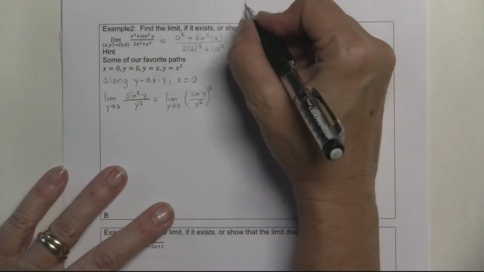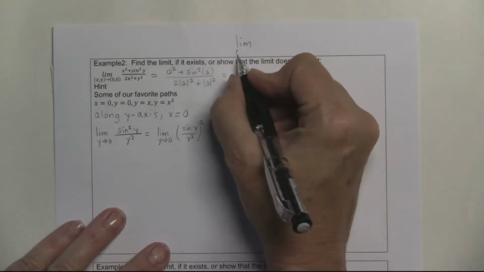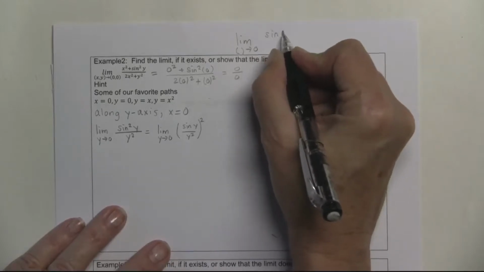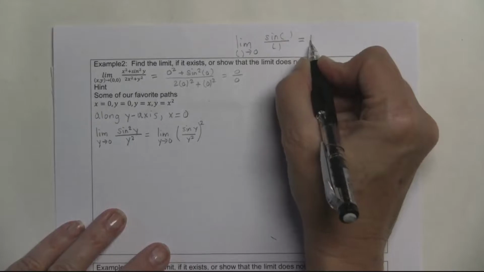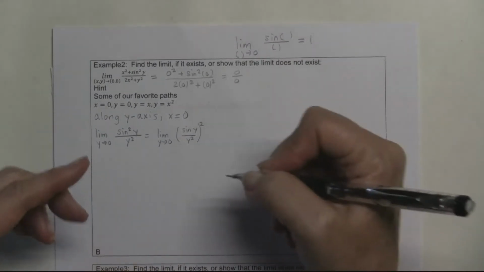It's that basic property, right? The limit, as whatever approaches 0, of sine of the same whatever over the whatever equals 1. And I called that Theorem 7, but I have that now, right?